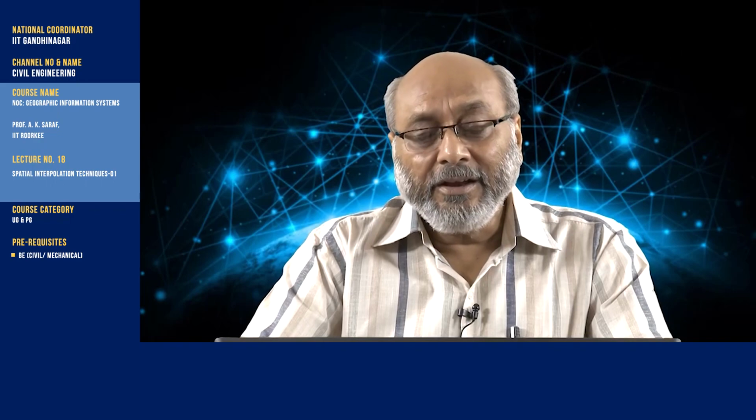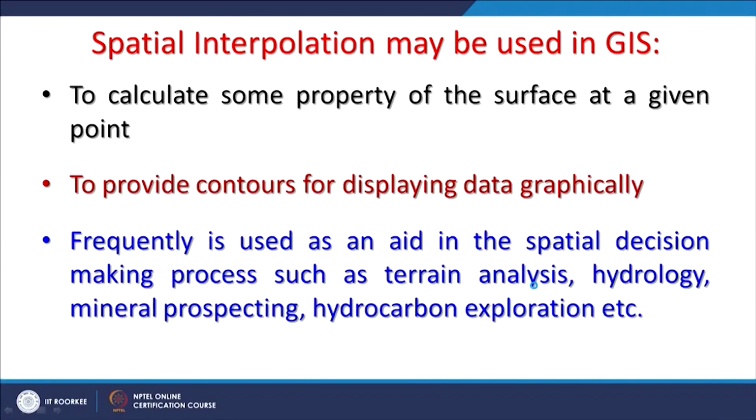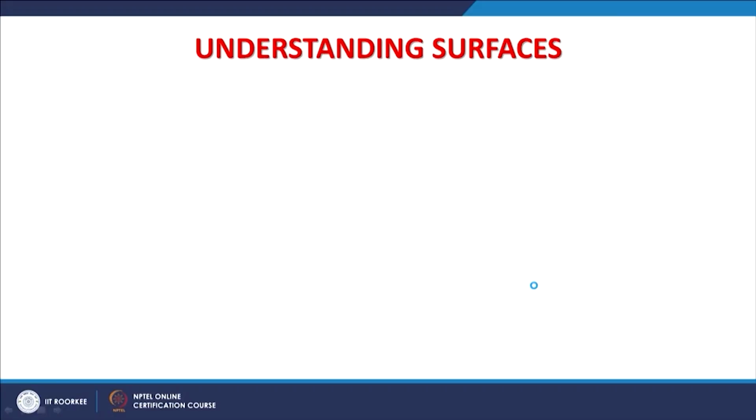These are used, for example, in terrain analysis, in hydrology, in mineral prospecting, in hydrocarbon exploration, and in many fields surface interpolation can be used. The only requirement is your input data. So, this is an aid in the spatial decision making process, which may be of various types.